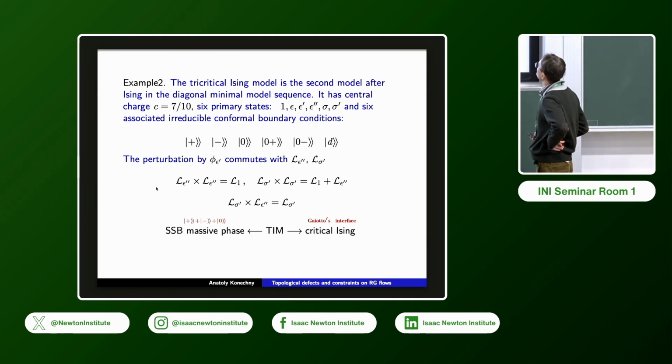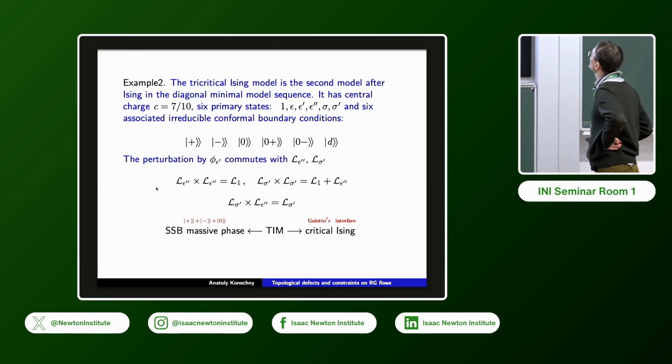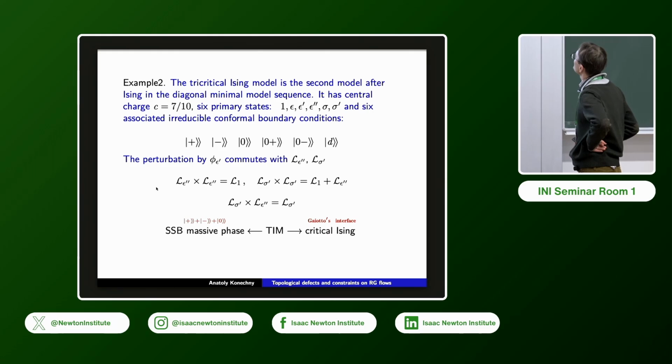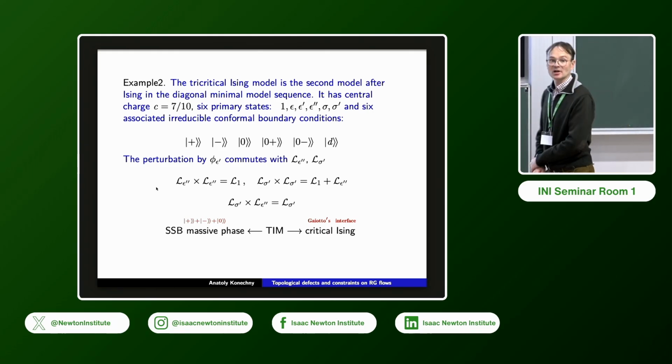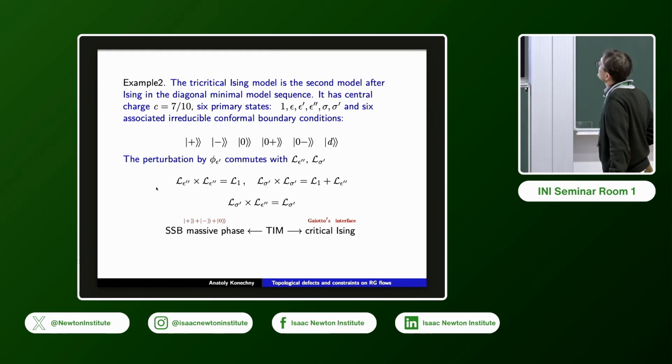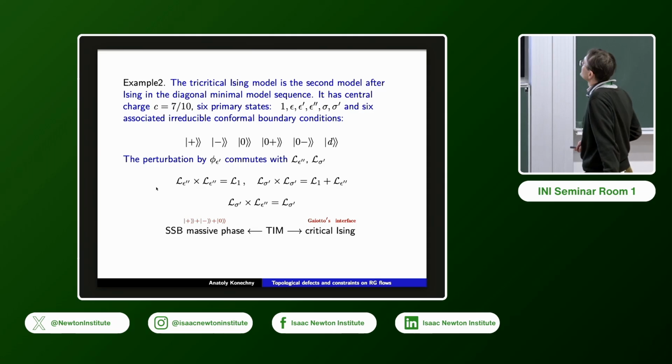Here, an interesting perturbation is by phi epsilon prime, which commutes with the Z2 charge, and with the Kramers-Vanier. So in this example, there's also Kramers-Vanier duality in the tricritical Ising, and the perturbation commutes with both the group and the duality.